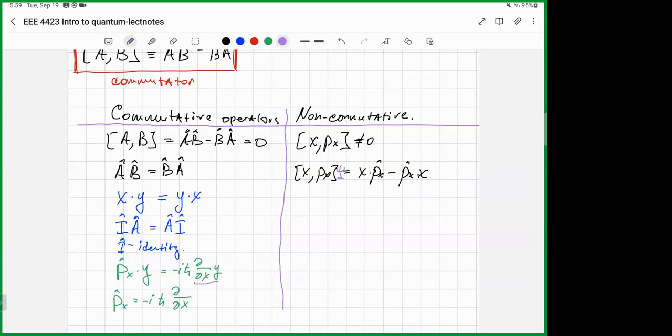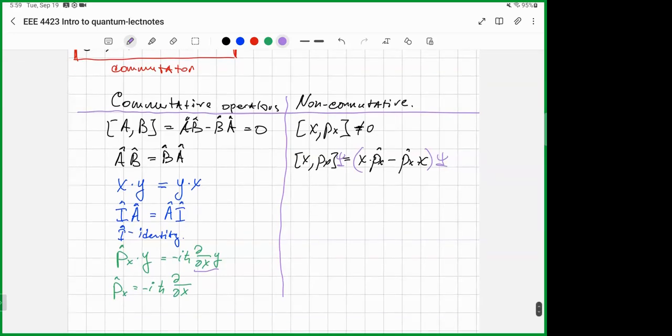So I write this psi here and psi here. So this operator acts on the function, and the function, of course, can be a function of x.